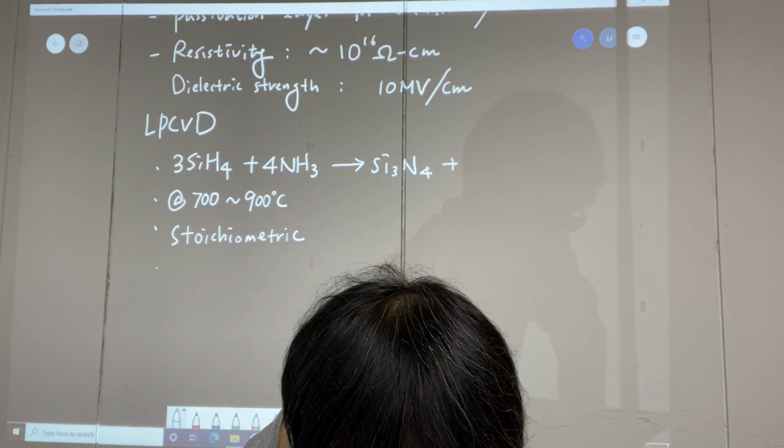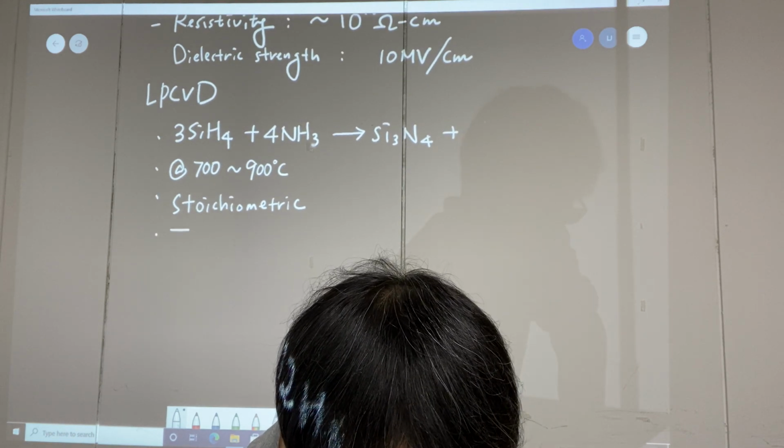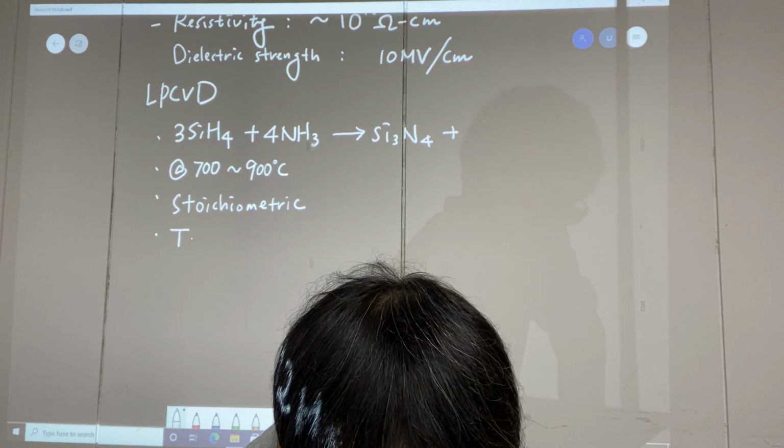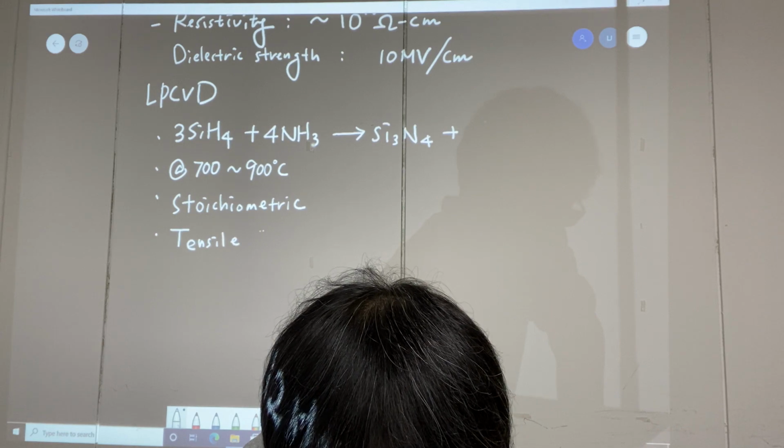Well-balanced silicon nitride. However, the result is you cannot really avoid the stress, but this time instead of compressive, you will obtain tensile stress.